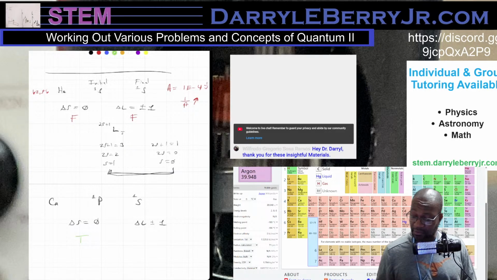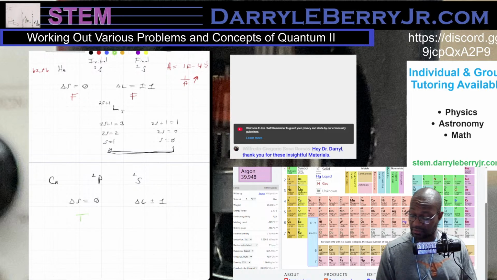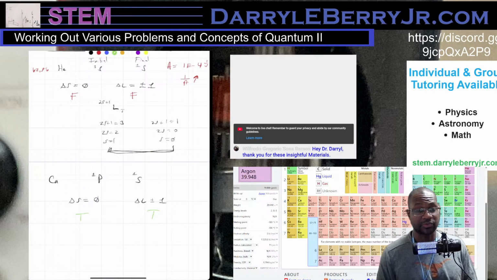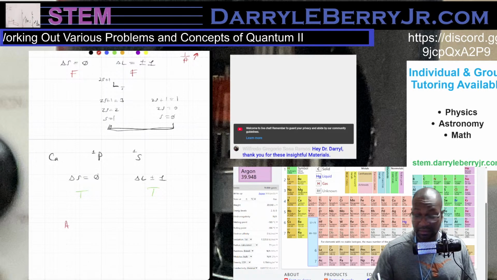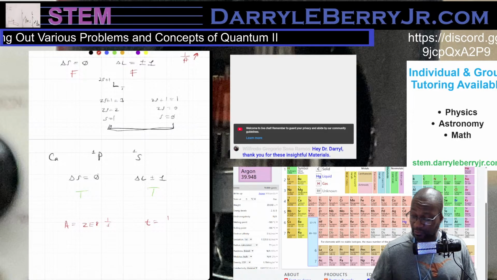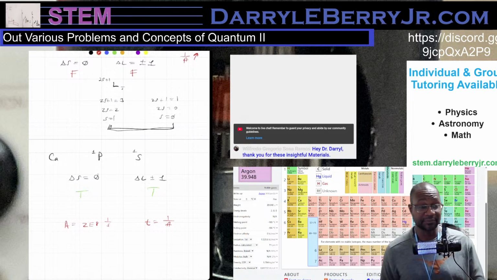And we see that the L does change by 1. It goes from P to S, which is L equals 1 to L equals 0. So that's true. So this is an allowable transition. We see that the A factor is roughly 2 times 10 to the 8, 1 over seconds. So when we invert that, time equals 1 over 8, that's going to be a very small amount of time. So these happen pretty often.